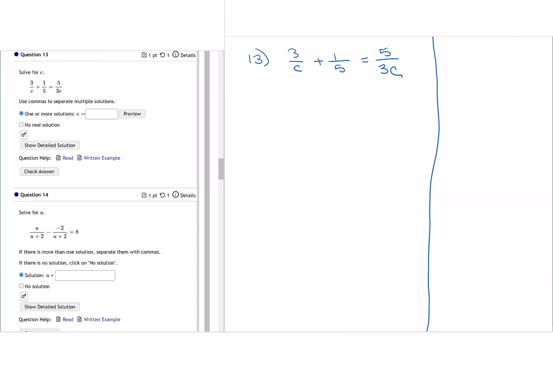I'm just going to do it up and down because these are a little bit easier to do that way. Now, between the c and the 5, I have to multiply this times 5 and this times c.